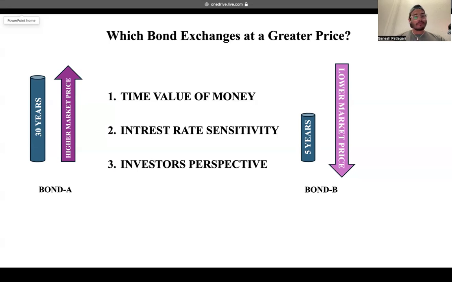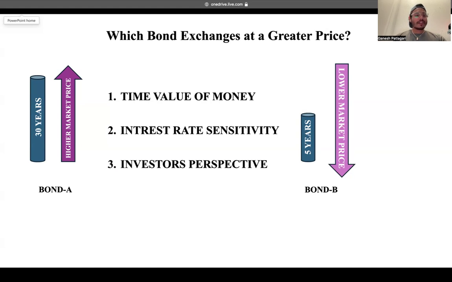So, time value of money. The longer the time until maturity, the greater the present value of a bond's future cash flows. This is because those cash flows have more time to compound, making them worth more today. And second, interest rate sensitivity.